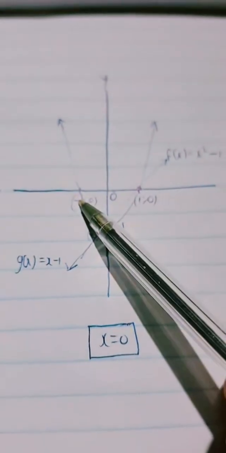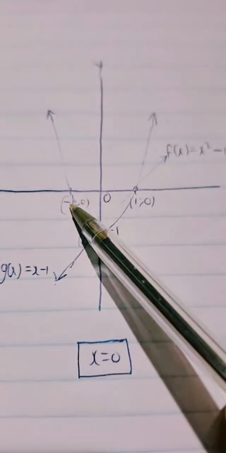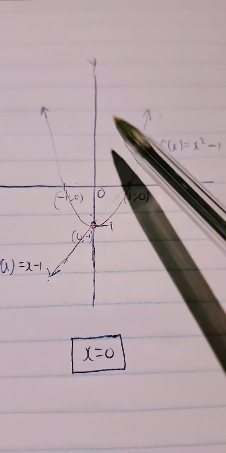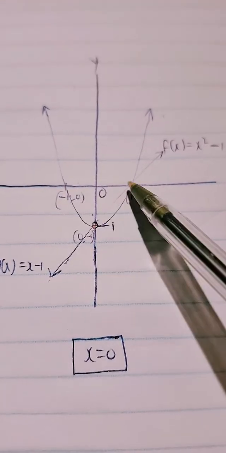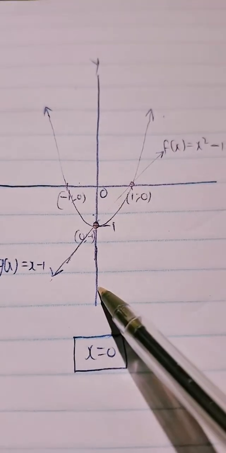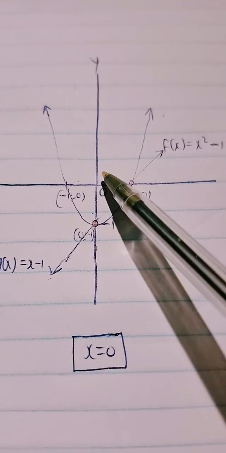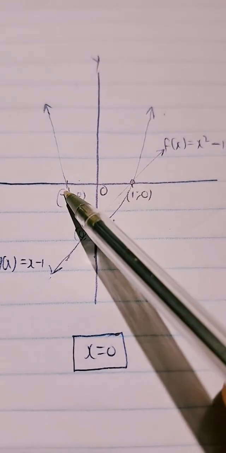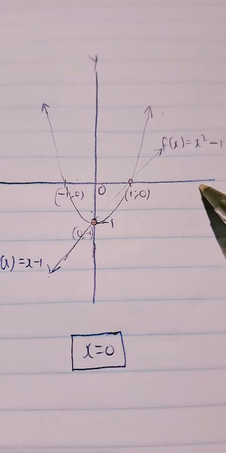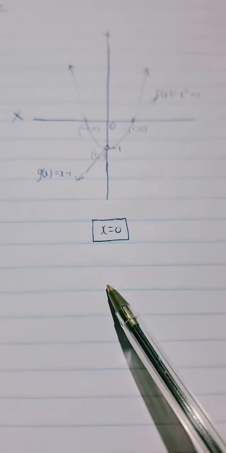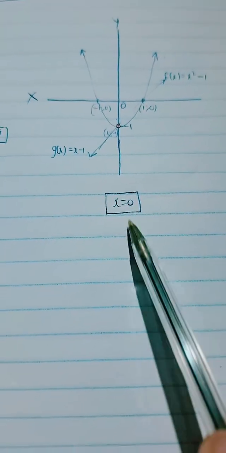That is why here the x value for your x-intercept is -1, whereas here on this side it is +1. It's almost as if your points on the x-intercept are reflecting along the y-axis. This point reflects along the y-axis, that point, and this point reflects along the y-axis, this point, on the same horizontal line. So that's why we refer to this y-axis as your axis of symmetry, the equation being x is equal to 0.